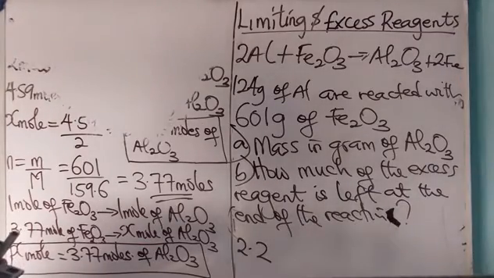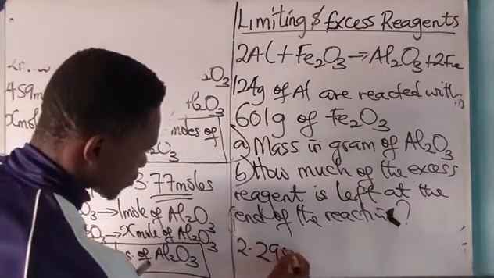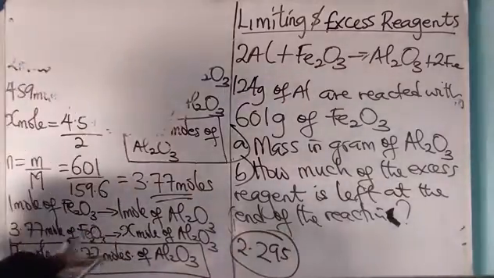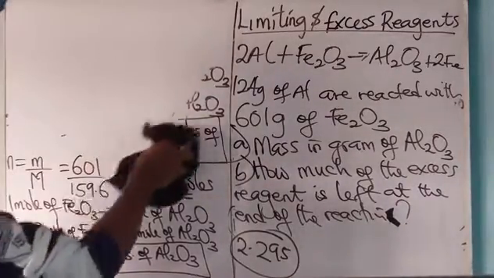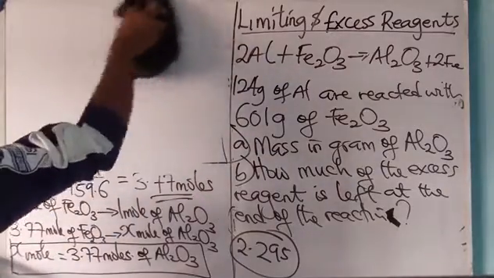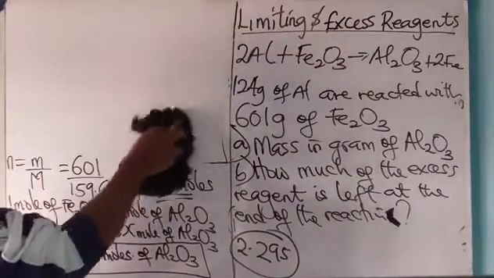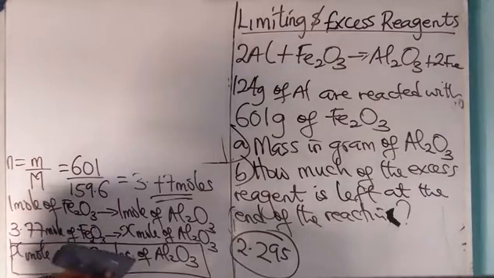4.59 divided by 2 equals 2.295. We are going to be needing it, so that is why I have to write it out again. Okay, now we have to look for the mass in grams of aluminium.